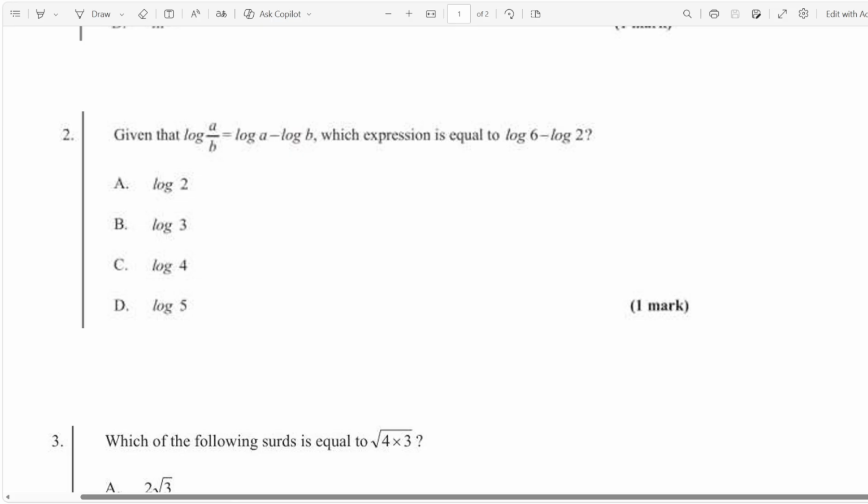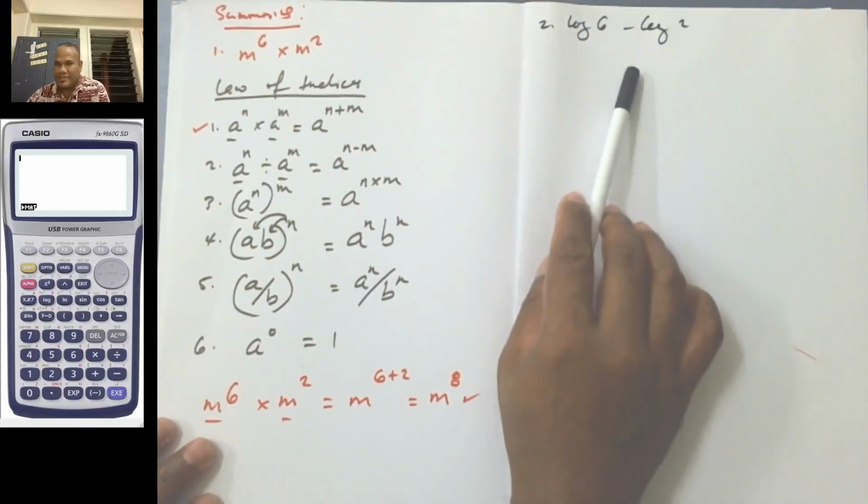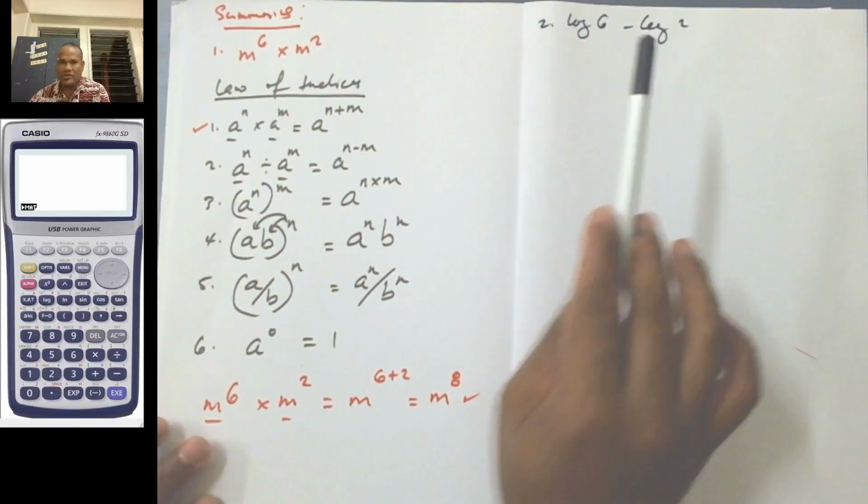The question says, given that log a divided by log b is equal to log a minus log b, which expression is equal to log 6 minus log 2. This is just a summary of what we discussed in our last class. Question 2 says log 6 minus log 2.